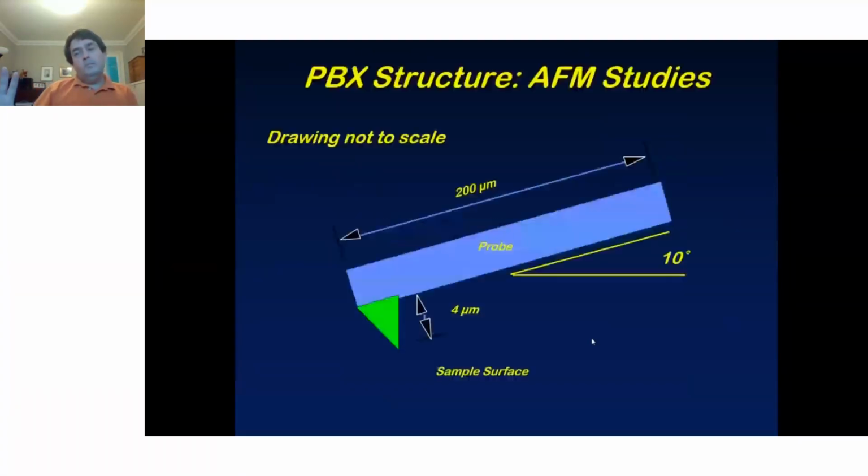So one of the first questions is, when we have a polymer bonded explosive, or PBX, what is its actual structure? Now, for many people, they try to understand the mechanical properties by using a combination of knowledge of the explosive crystals and the behavior of the polymer.